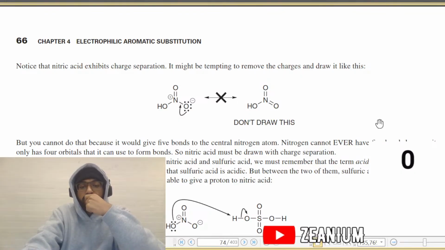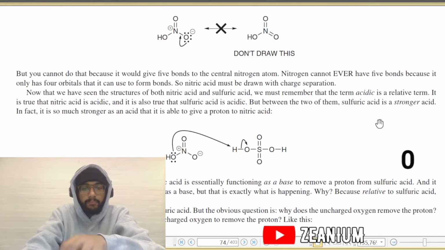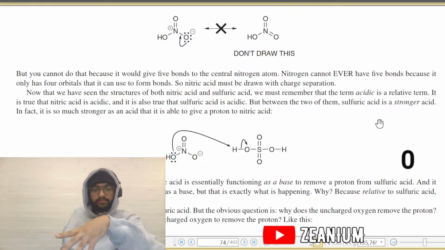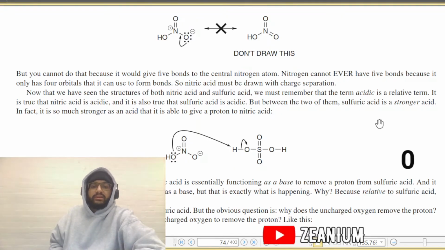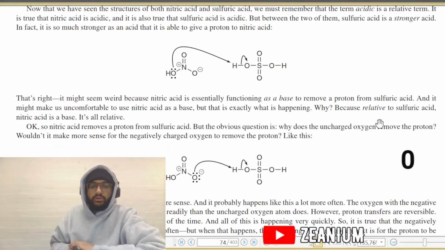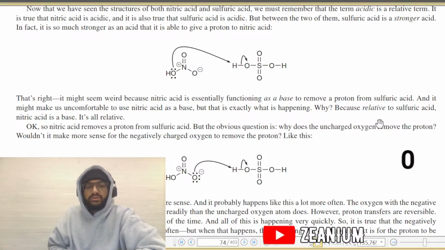In fact, it is so much stronger that it's able to give a proton to nitric acid. That's right. It might seem weird because nitric acid is essentially functioning as a base to remove a proton from sulfuric acid, and it might make us uncomfortable to use nitric acid as a base. But that is exactly what is happening.